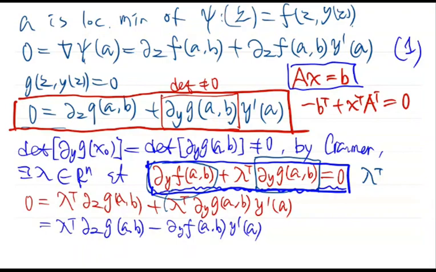Okay, so this means that dy f at AB times y prime of a, oh no place to write, sorry. This means that dy f at AB times y prime of a is lambda transpose dz g at AB.